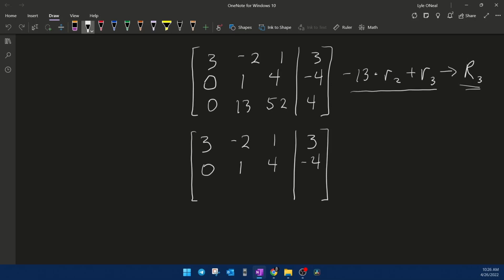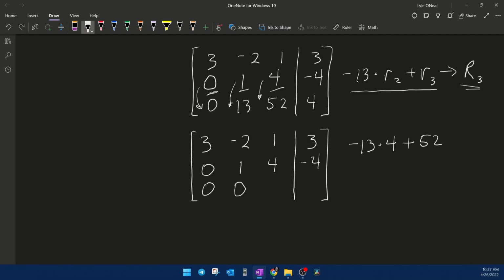Starting with -13 times 0, which is 0, added to 0, retains my 0. -13 times 1 is -13, plus 13 is 0 because I designed it that way. Next, -13 times 4, and then added to 52.